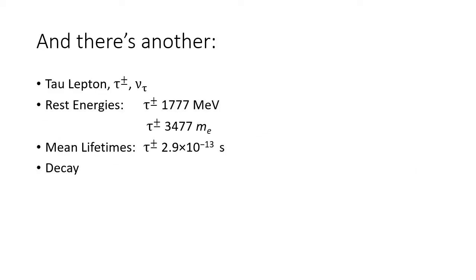And what's more, just to add to the complication, there's one more. The tau. Sometimes called the tau particle or the tau lepton. It can also be called the tauon, but you almost never hear it. It's just called the tau. And it comes in positive and negative. You're not going to be surprised because it's another flavour of lepton. It gets its own neutrino.